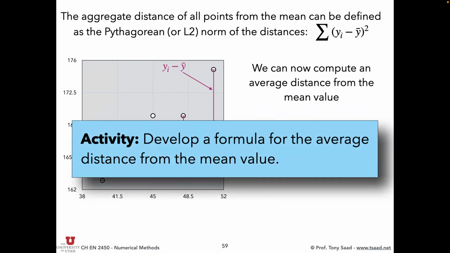That's the aggregate distance, the total distance for all points. How would you obtain an average distance from the mean? On average, how far is the data away from the mean? You clearly need to divide by something which has to do with the number of data points, but you also need to adjust to get rid of that square.